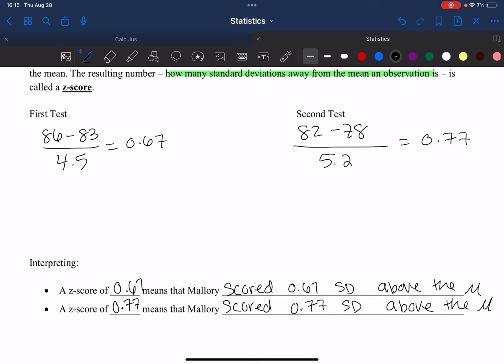And then remember, mean in this case is the class average. So the further above the mean, the better she did. So even though she got an 82 on her second test, she still did better compared to her class average versus the first test where she got an 86.